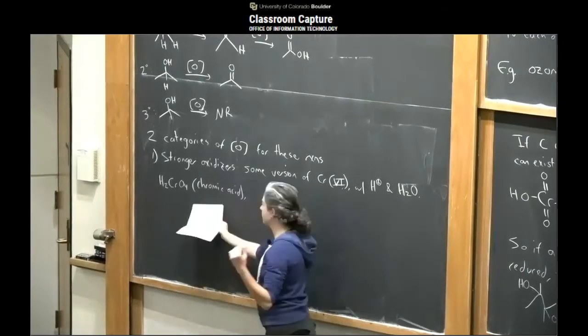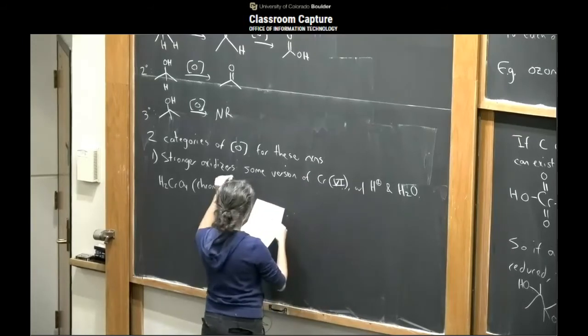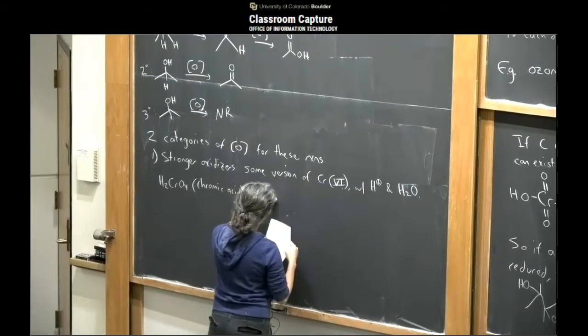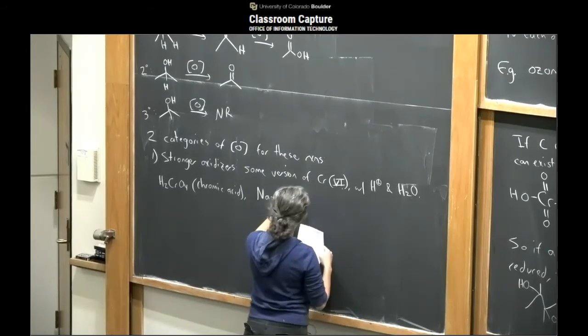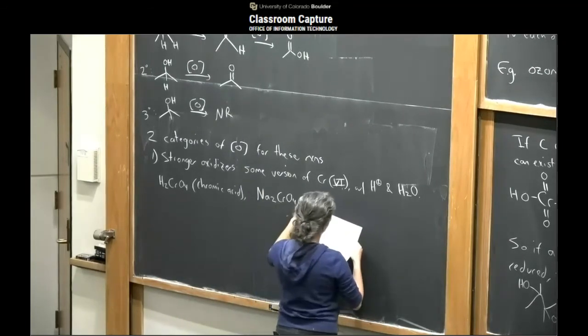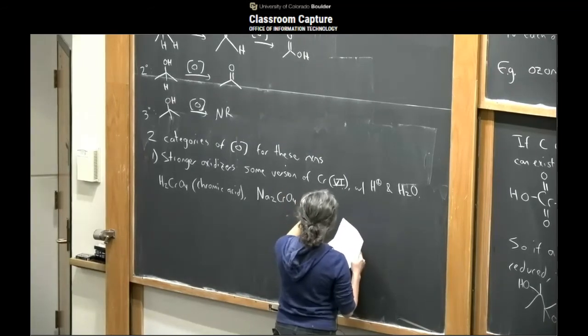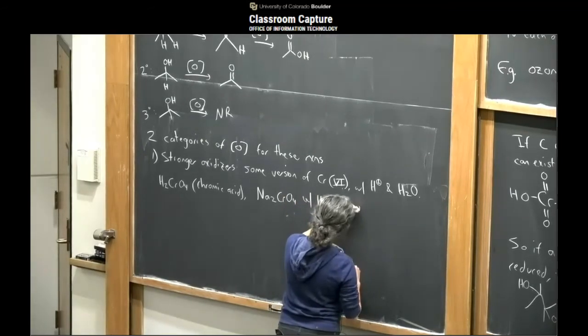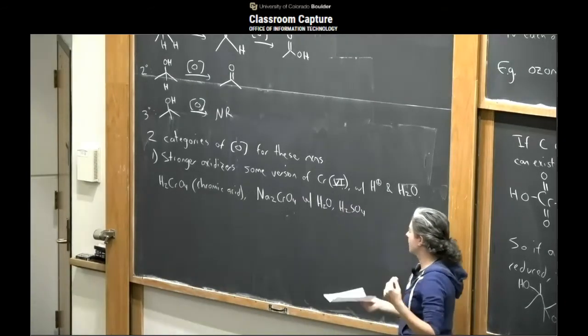Or a salt of this, where some of the H's have been replaced with, say, sodiums, like Na2CrO4 with, say, H2O and H2SO4. That has all the requirements met. It's got a chromium 6, it's got water and acid around.